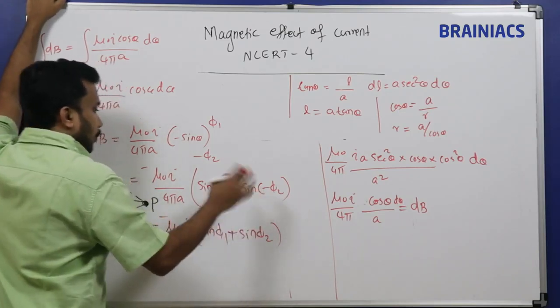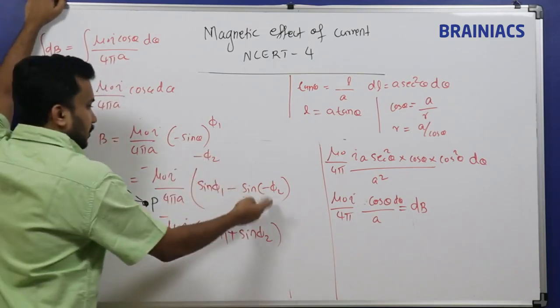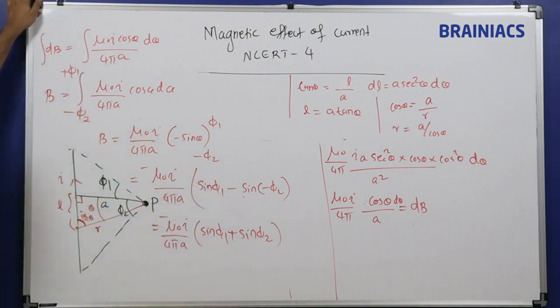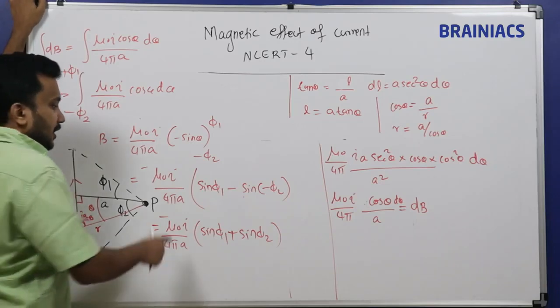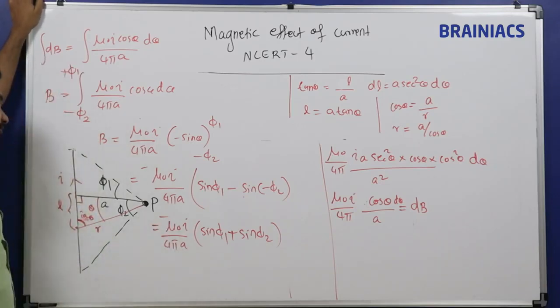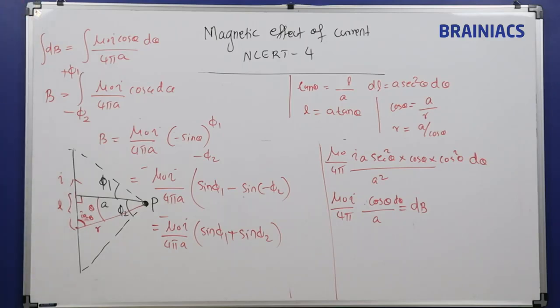Sin is an odd function, so this minus will come outside. So it becomes sin phi1 plus sin phi2, and mu 0 divided by 4 pi a.